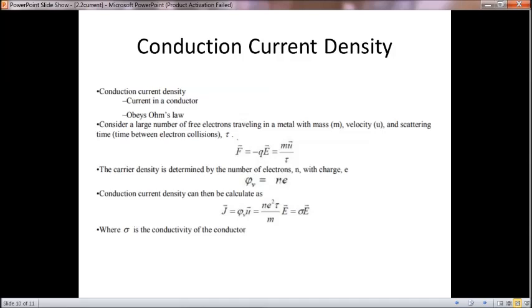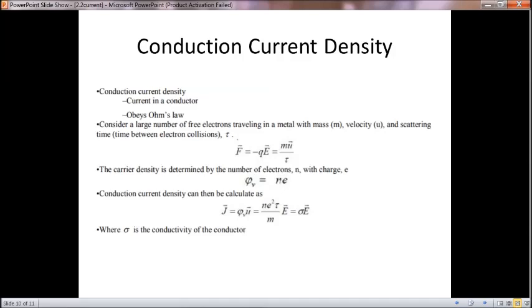The current density is determined by the number of electrons with a charge, and so the carrier density rho_v is equal to minus n e. The conduction current density can then be calculated as J is equal to rho_v into u.